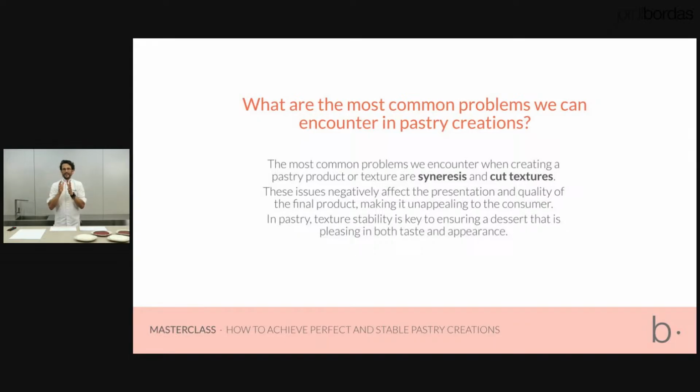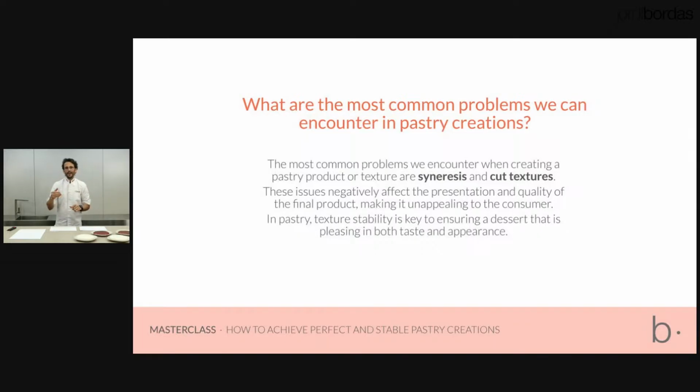What happens with these textures? When we freeze and thaw, the water expands about 10%. We transform part of the water inside the recipe into ice crystals, and these ice crystals expand and break the structures that we created.